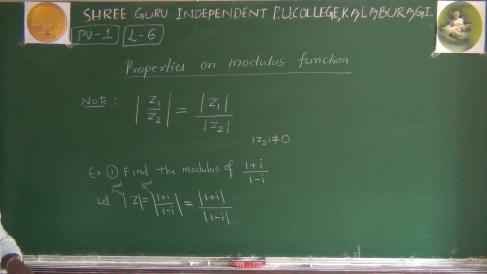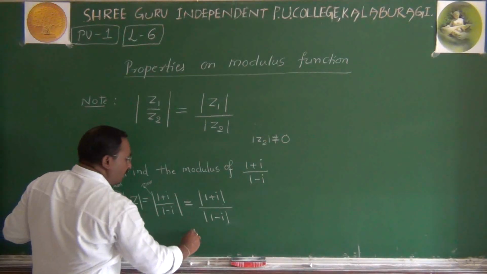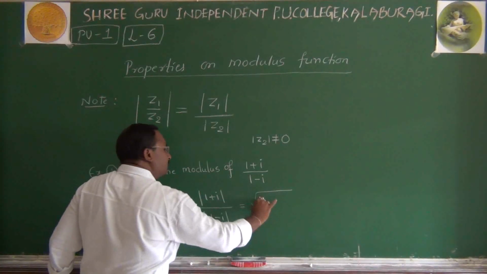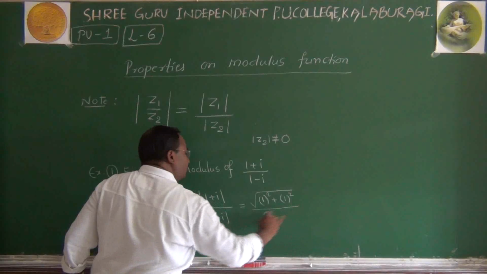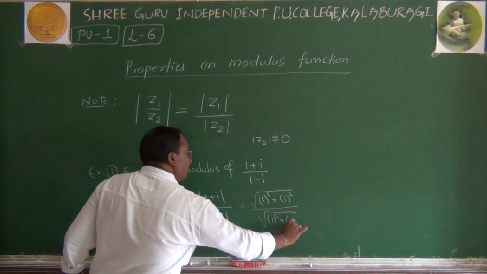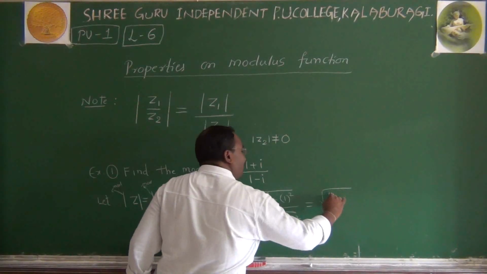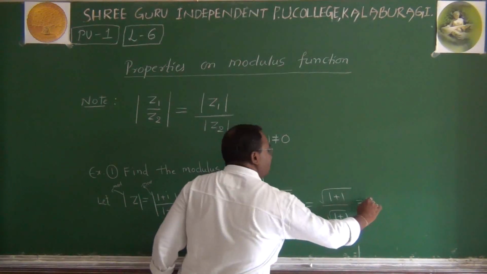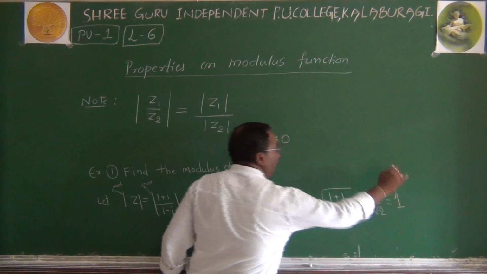By the modulus definition, square root of real part 1, imaginary part 1, over square root of real part 1, imaginary part minus 1. That is 1 square plus 1 square, 1 plus 1, 1 plus 1. That is root 2 by root 2, which is equal to 1.